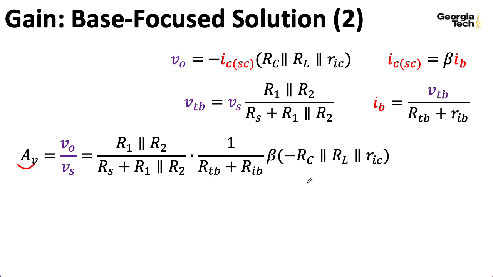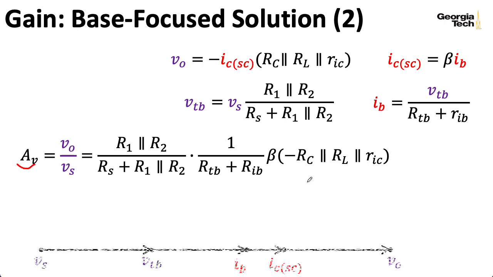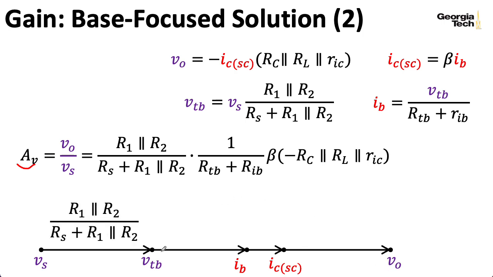And once again, I would like to draw this in terms of a flow graph. So we'll let the variables here be Vs, VTB, IB, the short circuit current, and V0. And then we have our voltage divider to go from Vs to VTB, our Thevenin equivalent voltage at the base. And then we'll multiply by this 1 over resistance sum term in order to get the base current.